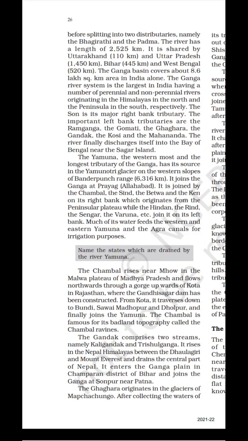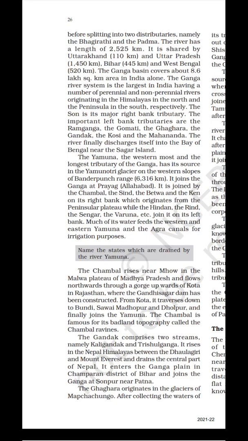The Gandak comprises two streams, namely Kaligandak and Trishula Ganga. It rises in the Nepal Himalayas between the Dhaulagiri and Mount Everest and drains the central part of Nepal. It enters the Ganga plain in Champaran district of Bihar and joins the Ganga at Sonpur near Patna.